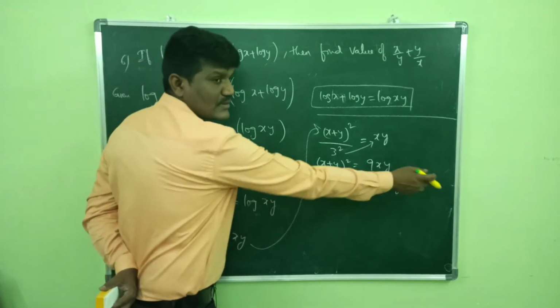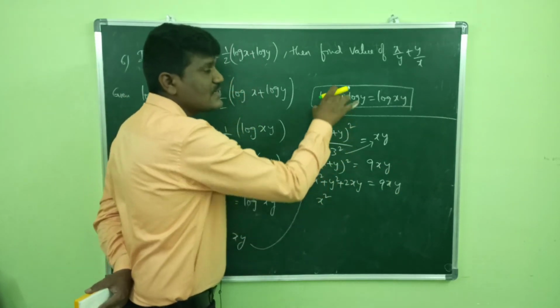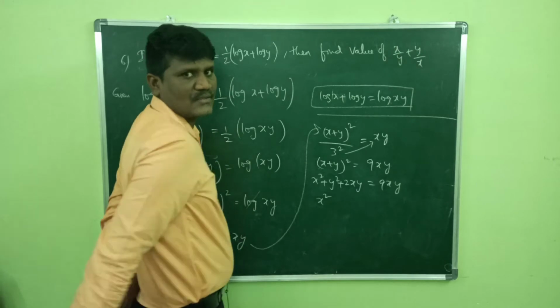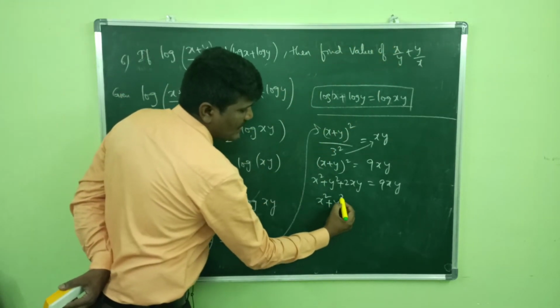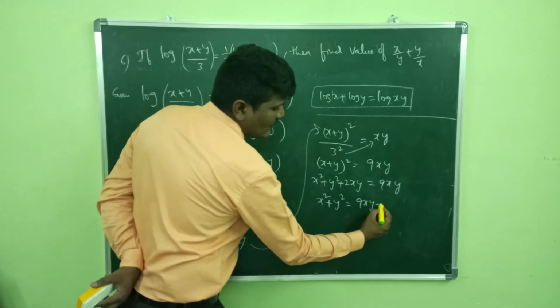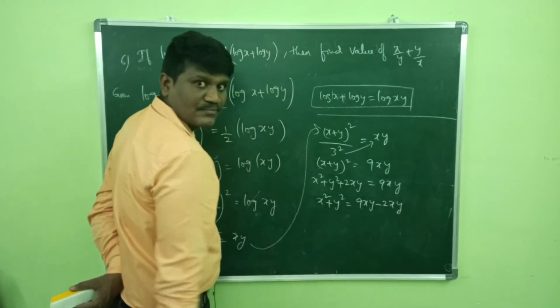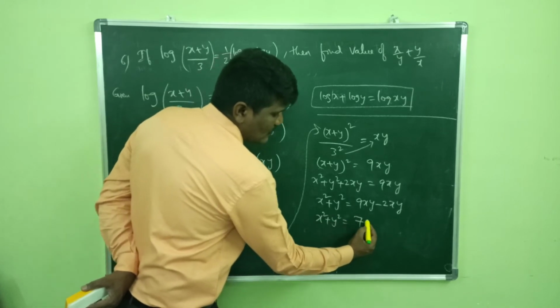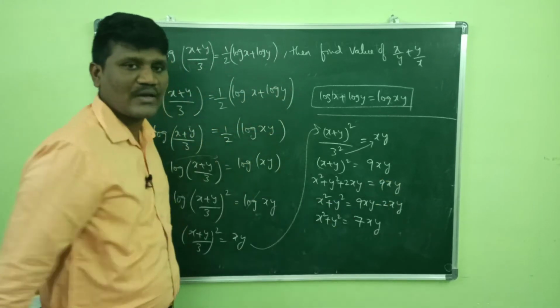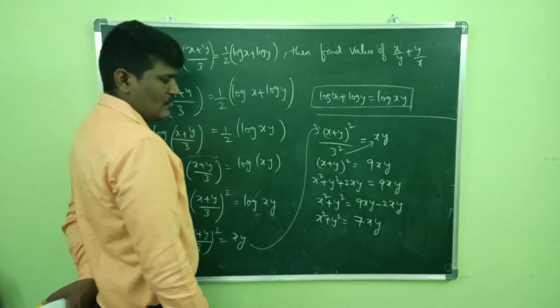Send 2xy to that side. I am just adjusting to make the RHS. Make the value of this: x square plus y square is equal to 9xy minus 2xy. So x square plus y square is equal to 7xy. Okay.